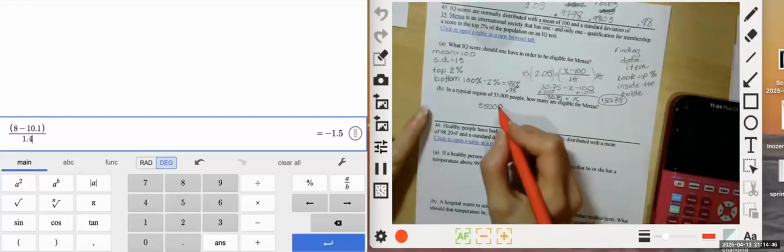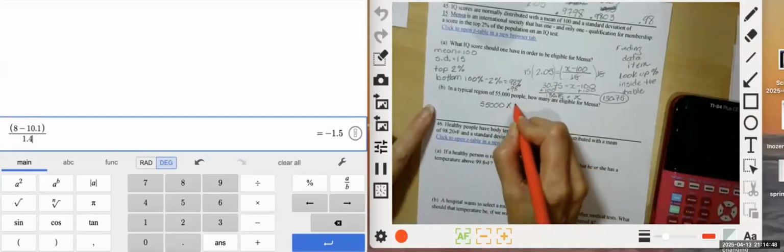Is that the z-score next? So this one is kind of tricky. We're going to take this times the percent.